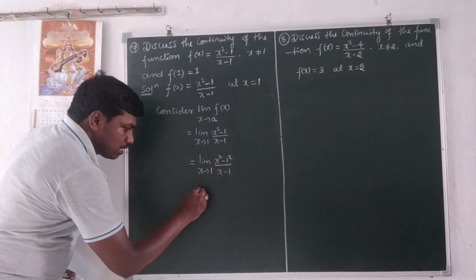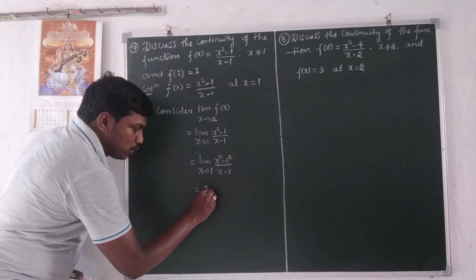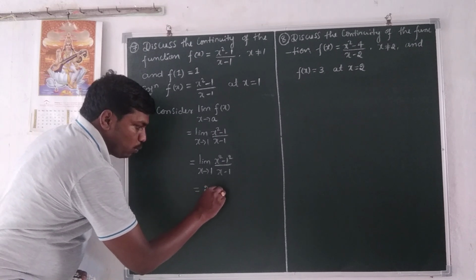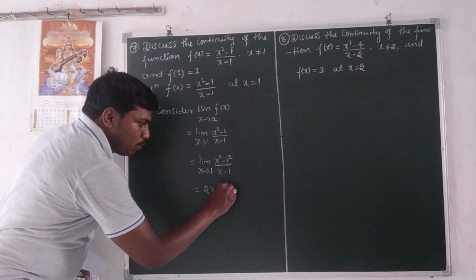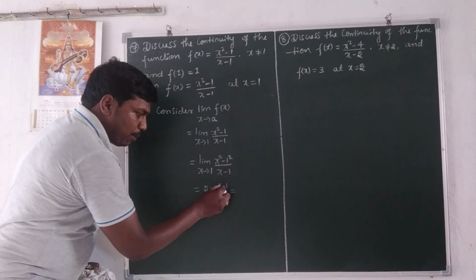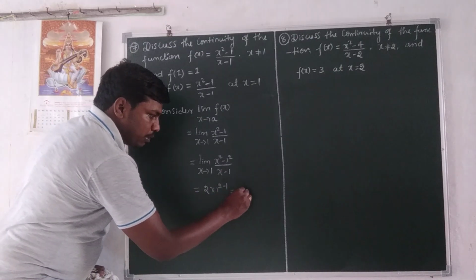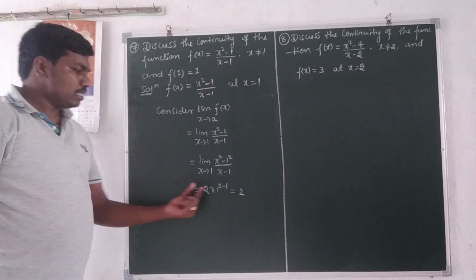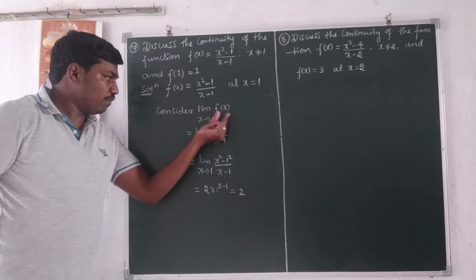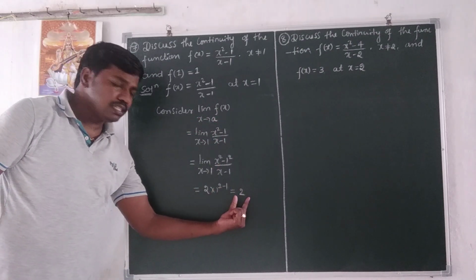The standard formula is n into a power n minus 1, so 2 into 1 power 2 minus 1 is 1 power 1, 1 into 2. So the limiting value is 2. So limit f of x as x tends to a is 2.